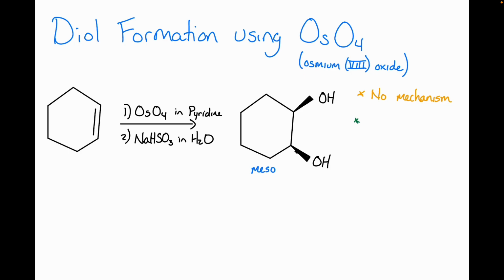Why not? 2 OH, adding the same thing to both sides. You can't possibly have any regiospecificity. You're adding the same things to both sides. So no regiospecificity to worry about for this one. Okay. The one thing we do have to worry about for this one is our stereospecificity. This is another syn addition.